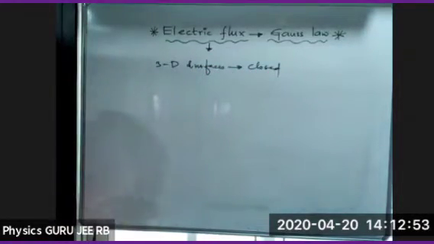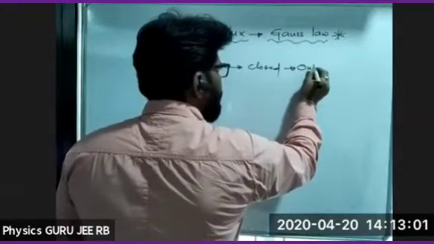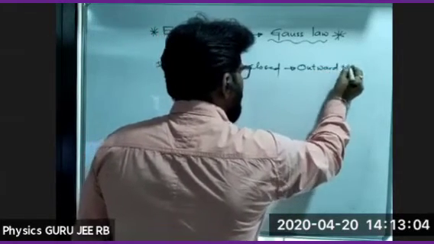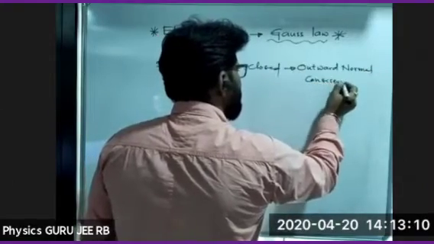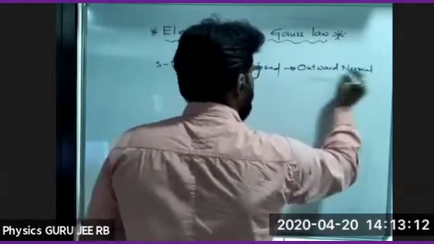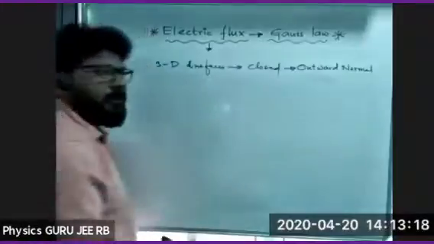Only the outward normal is considered. So 3D surfaces are closed surfaces, and only the outward normal is considered.